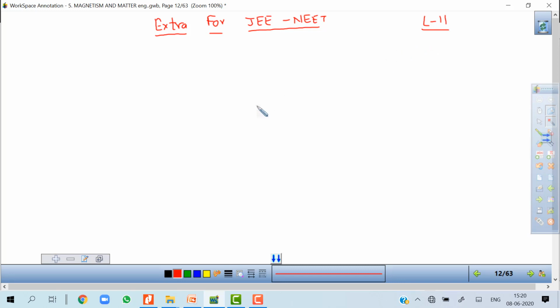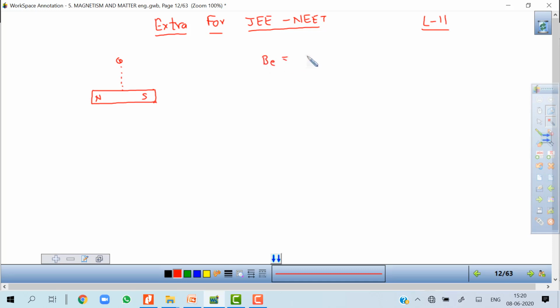So in this present lecture, we discuss if we have a dipole, means a magnet, this is north, this is south, then what is the magnetic field here? That you know it is on the equatorial line.